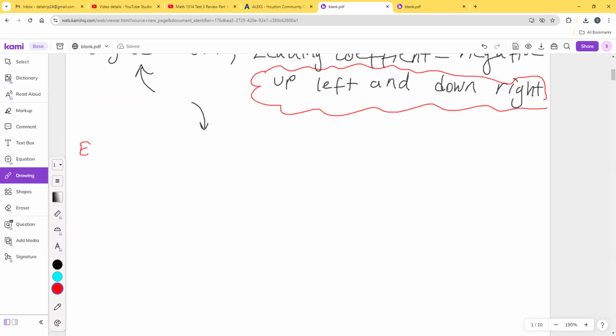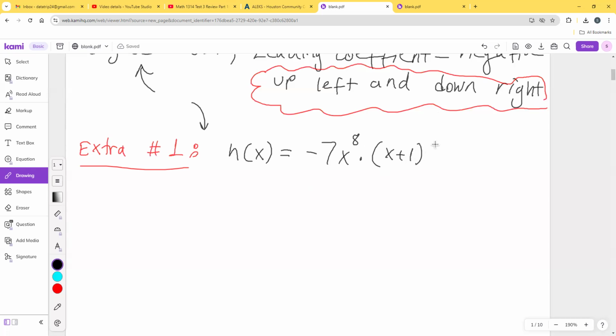So I'm going to label it extra question 1. And I want to just come up with some random question. If I give you h of x is equal to -7 x to the 8 times x plus 1 to the third power times x minus 2.